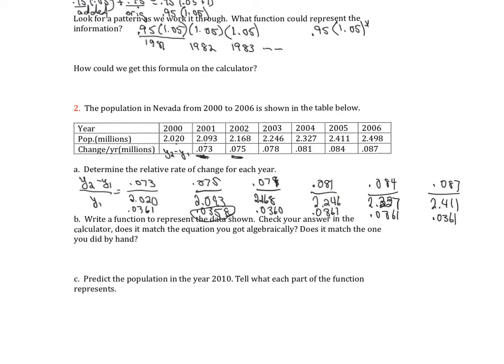So the rounded amount is 0.036. That's the amount that we've multiplied by each time. Just like in the example before, we multiplied by 0.05.